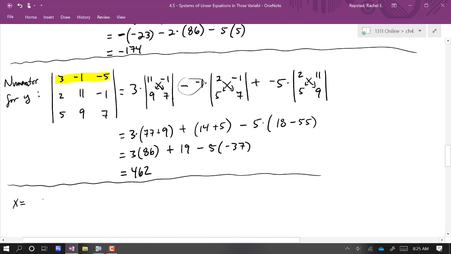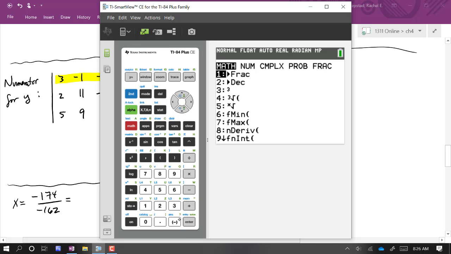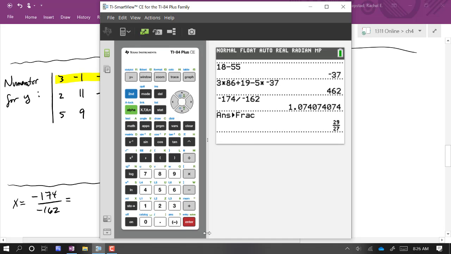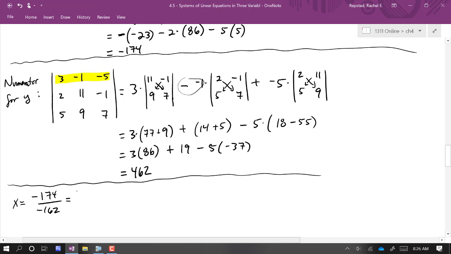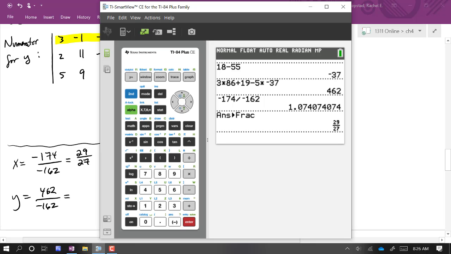So x is negative 174 over negative 162, and we can approximate it, or we can get a reduced fraction. Hit the math button, and the first option is convert to a fraction, and that's 29 over 27. The value for y will be 462 over negative 162, and we could find that as a reduced fraction.